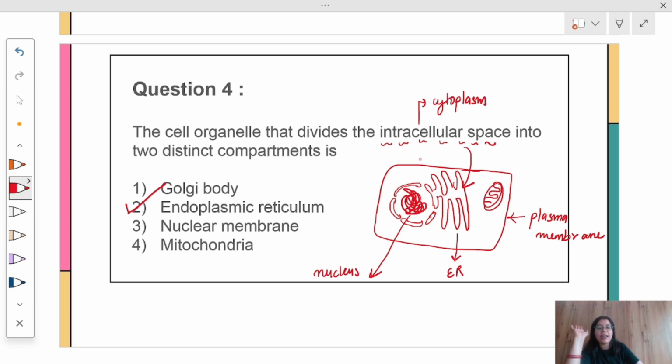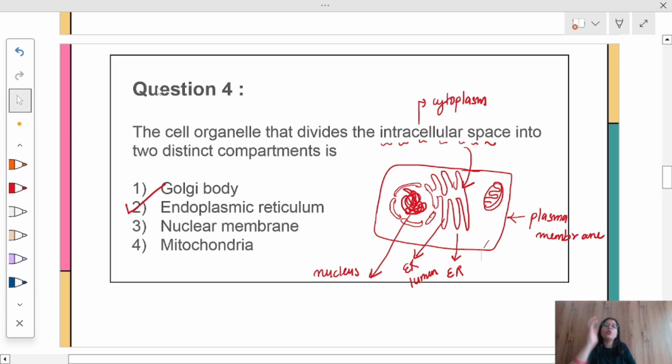That is why they say it is dividing intracellular space into two compartments. One compartment is inside the ER membrane, called the ER lumen, and the other is the intracellular space or cytoplasm. Understood? So do not get confused about why we can't choose Golgi body, mitochondria or any other cell organelle.